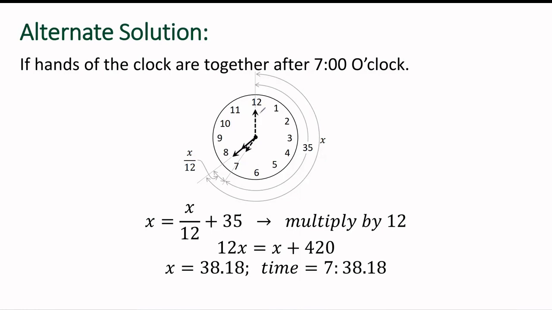So from here to here is x. And then the overshoot from 7 p.m. is x over 12. Okay? So it is the same procedure. So multiply by 12, for 20. So 7:38 is the time. 7:38. So they are the same.